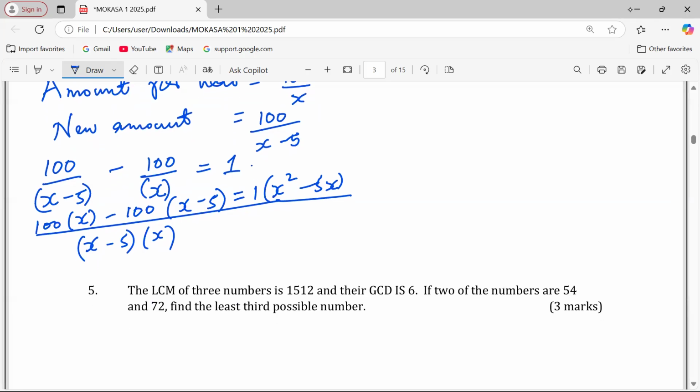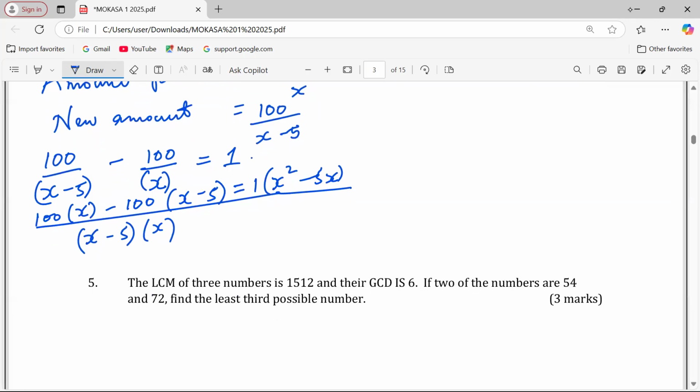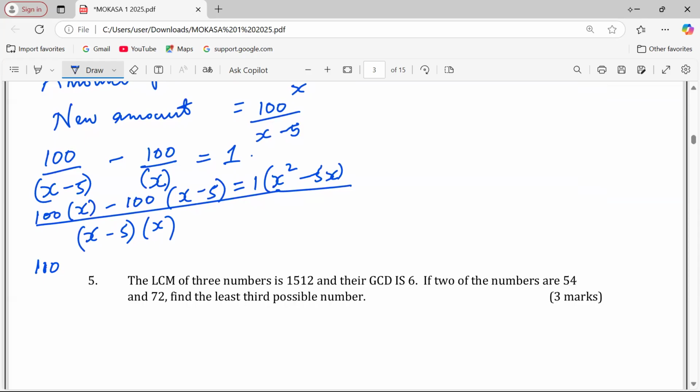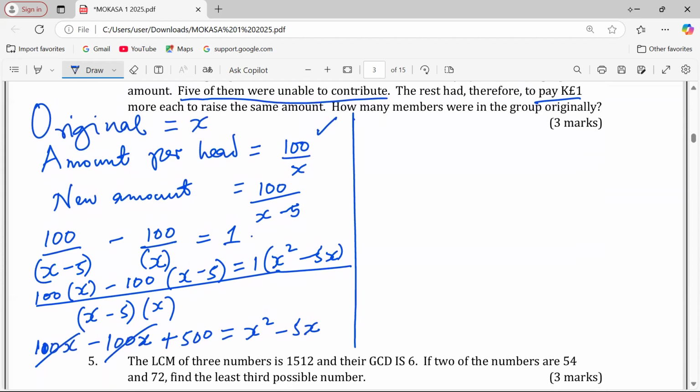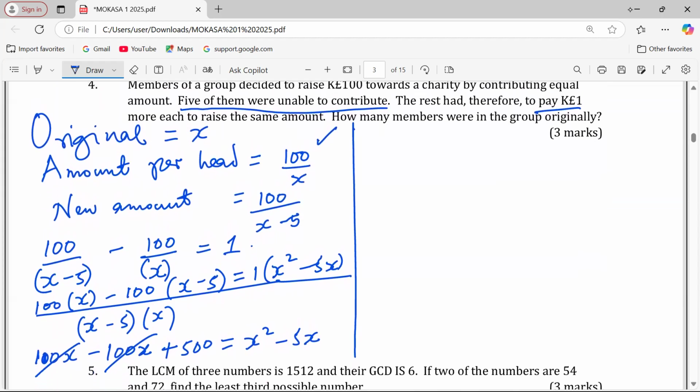So now we are done with the LCM. 1000X minus 1000X, then this becomes positive 5000 equals X squared minus 5X. So you see the 1000X terms can just cancel one another. Then from this, we will talk about the quadratic equation, which is having x squared minus 5x.